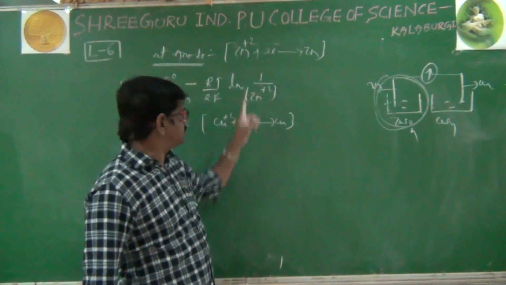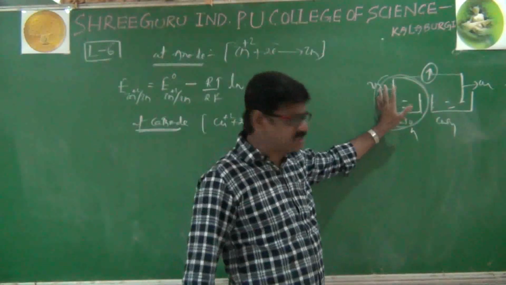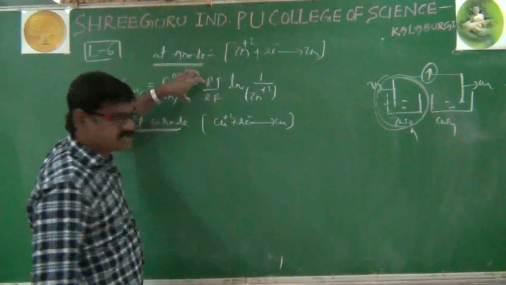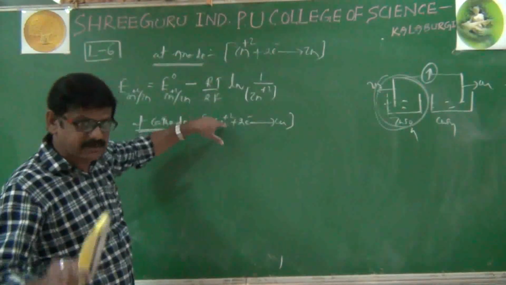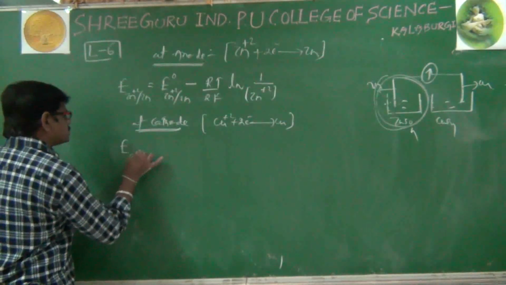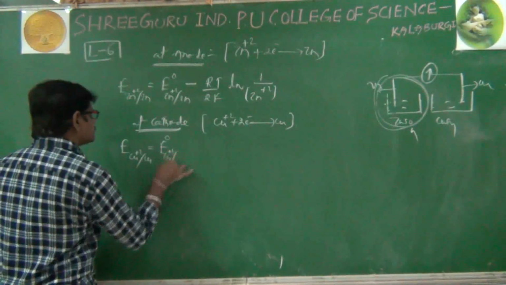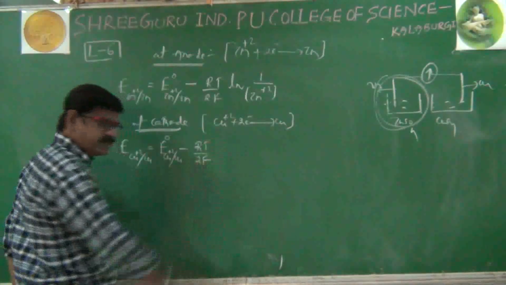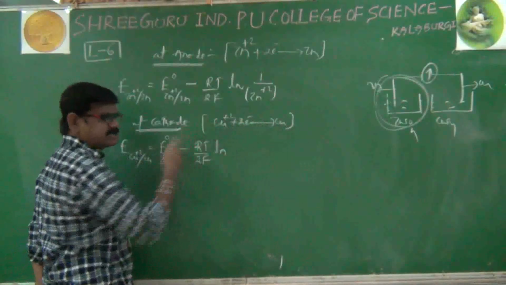Of course in the Daniell cell, oxidation takes place at one electrode and reduction at the other, but to measure electrode potential, at both places we use reduction reactions only. Right. E Cu2+/Cu equals E naught Cu2+/Cu minus RT by nF, 2F, ln of course product by reactant.